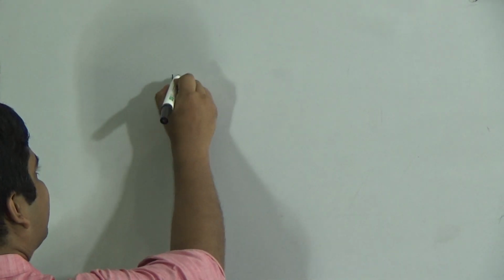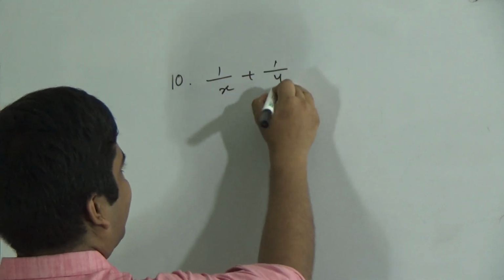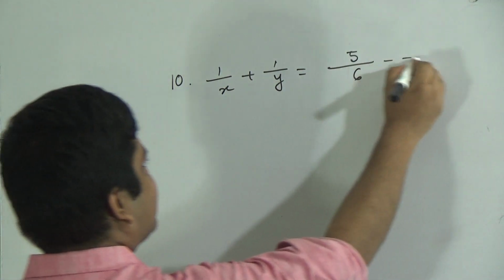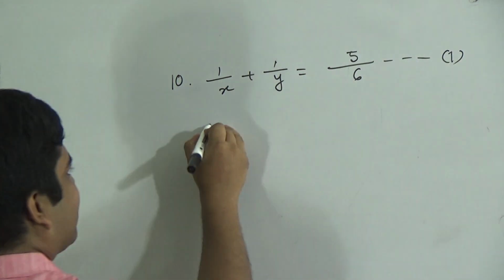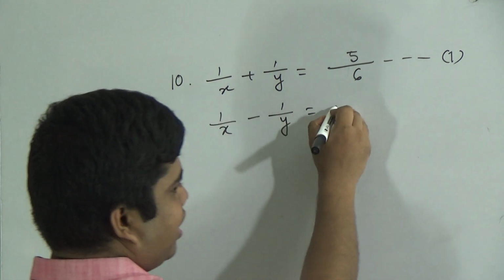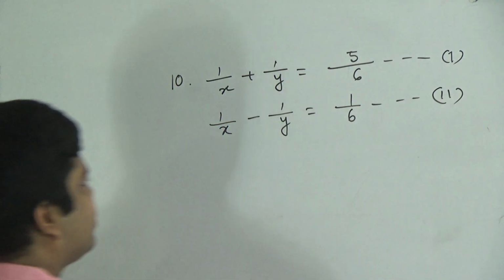First of all, we write this question: 1 by x plus 1 by y equal to 5 by 6. This is equation number 1. Then 1 by x minus 1 by y equal to 1 by 6. This is equation number 2.